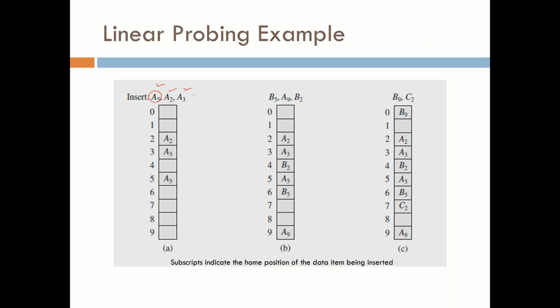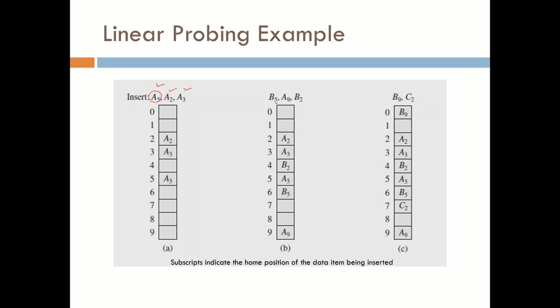Now let's look at the next batch of 3 data items. I now have to insert another data item, B5, which hashes to location 5. Location 5 is already taken up by A5, so I determine that it's busy, and I simply add 1 to the location and do my mod again.